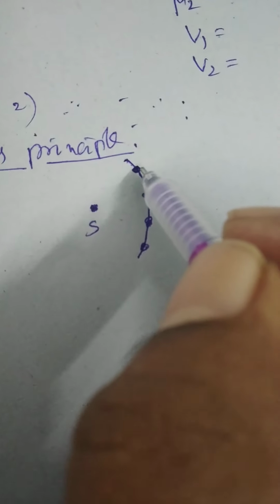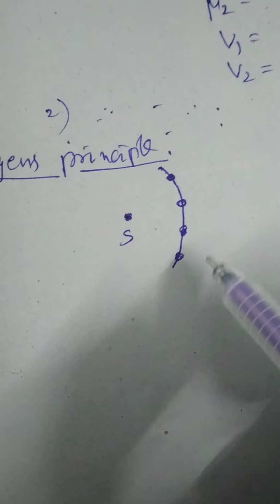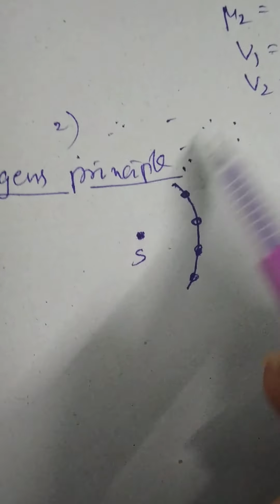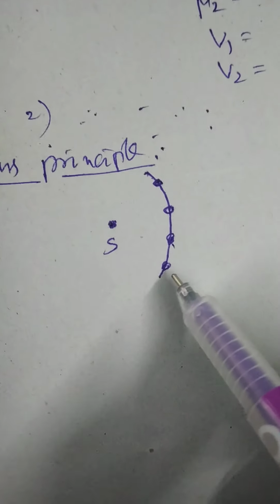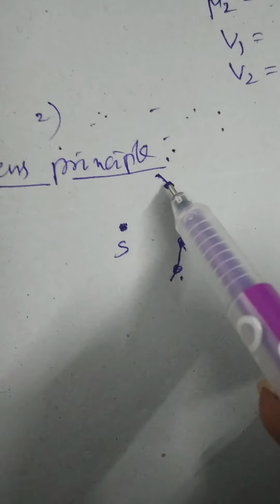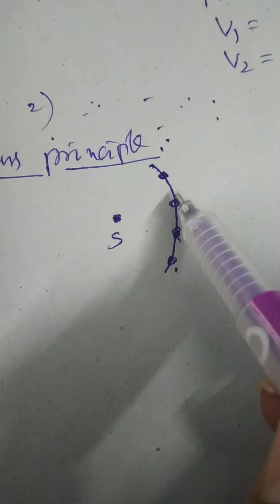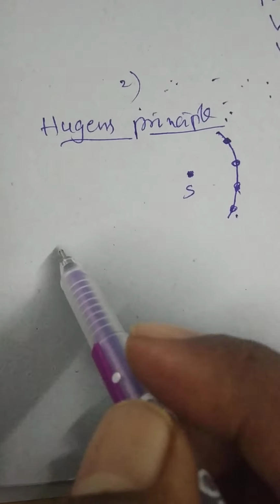These secondary wavelets travel in the forward direction always with the velocity of light. This is Huygens principle.